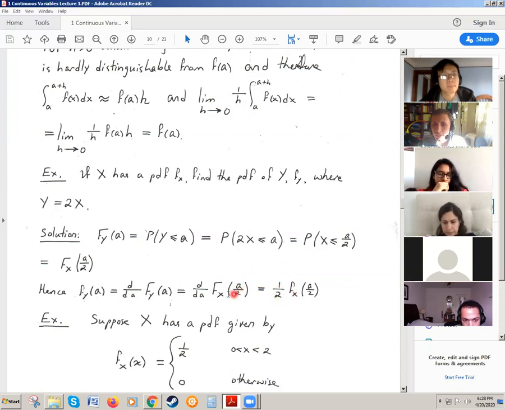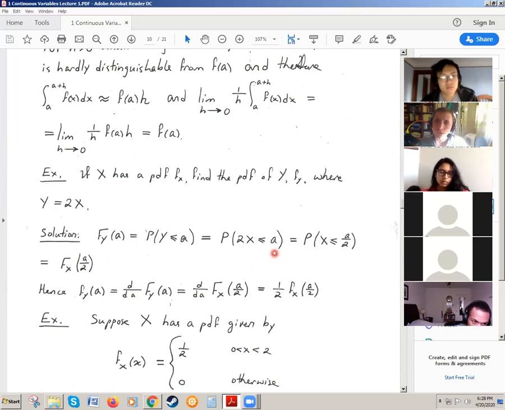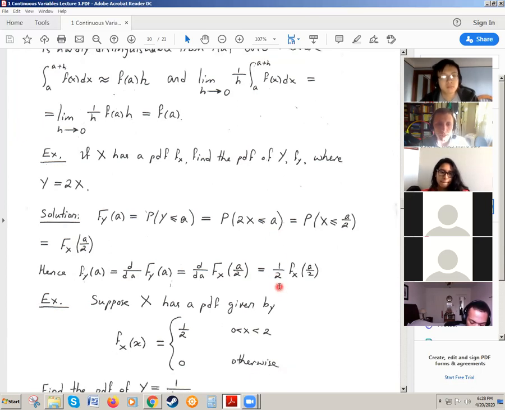So by the chain rule, it's the derivative of big F evaluated at a over 2 multiplied by the derivative of what's inside, which is 1/2. So I'm hoping this is known. You know it very well, guys, right? You haven't taken calculus with me, except I think for one person here, but you know this information. So I got my density function, in terms of the density function of x.